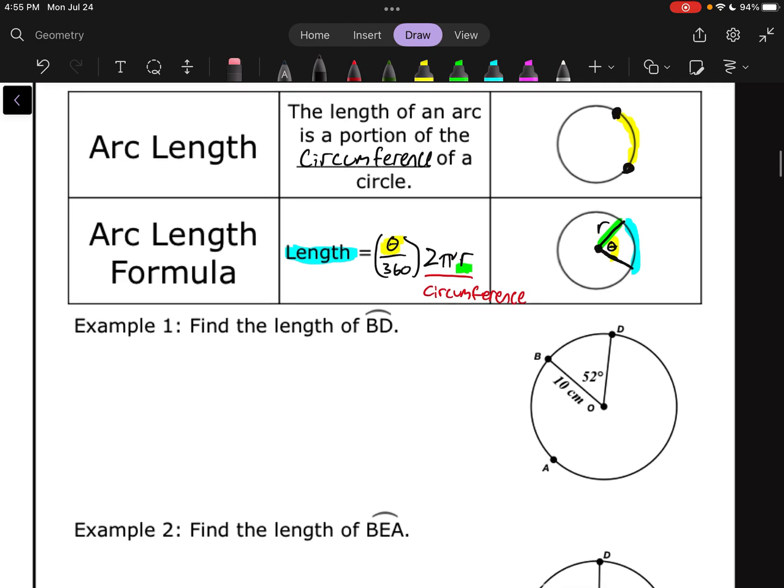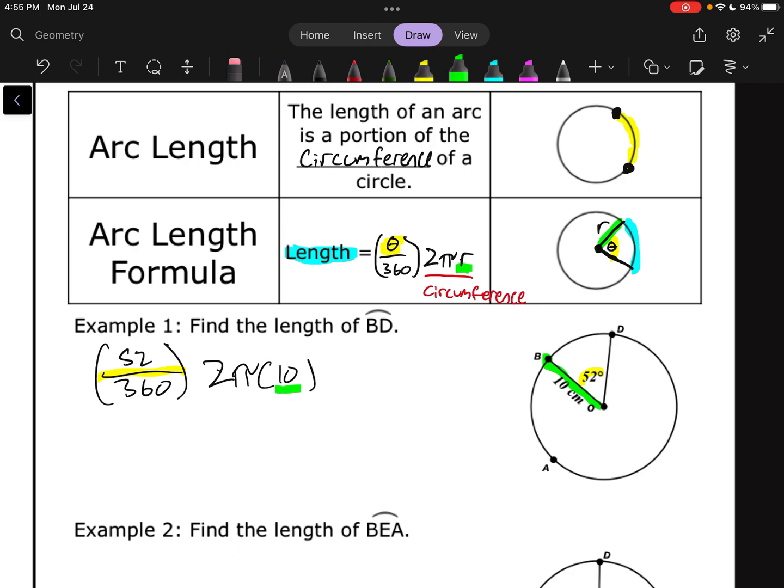All right, let's give this formula a shot here. It says find the length of arc BD. Okay, so let's set up our formula. Times 2 pi r. So how many degrees does our arc take up? Well, it takes up 52 degrees, right? So we're going to do 52 over 360 times 2 times pi times the radius, which is 10.